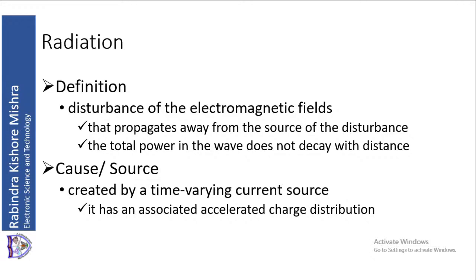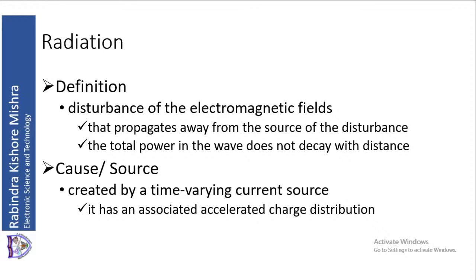Once this disturbance is created, it will propagate away from the source of the disturbance. Wherever we create the disturbance, by the nature of radiation, the electromagnetic field will propagate away from the point where the disturbance is created. Then the total power in the electromagnetic wave will not decay with distance as you move away from the source point.